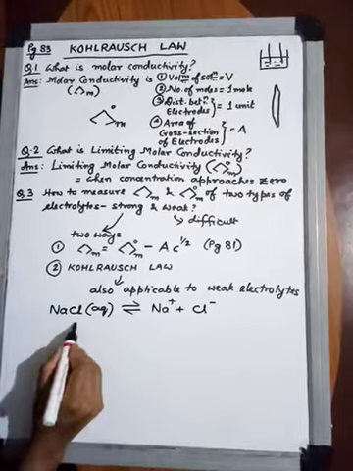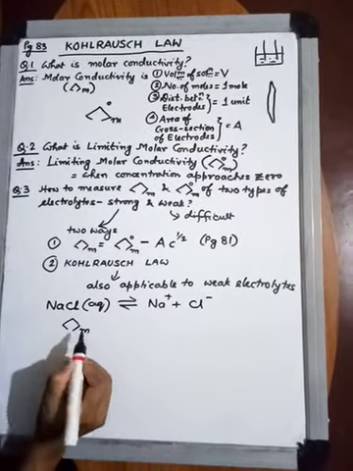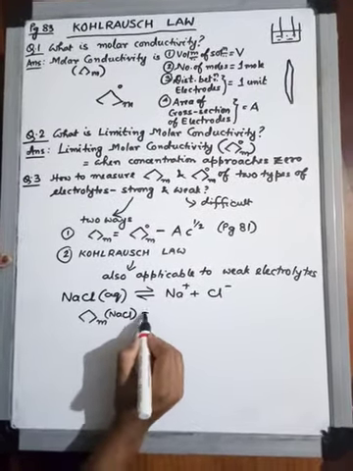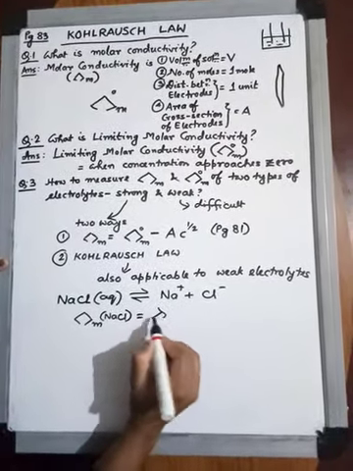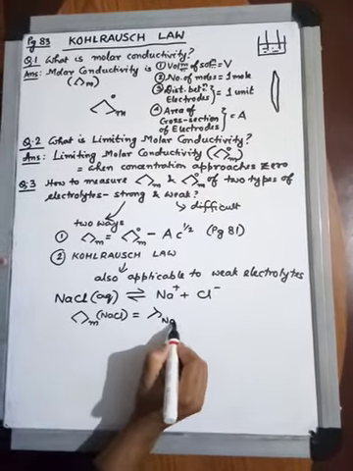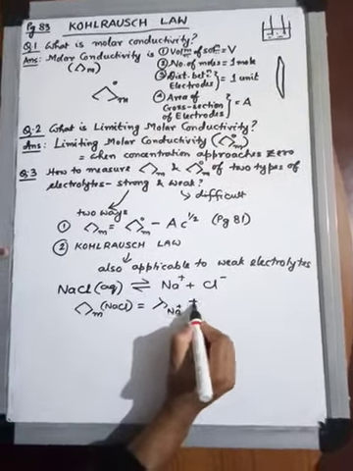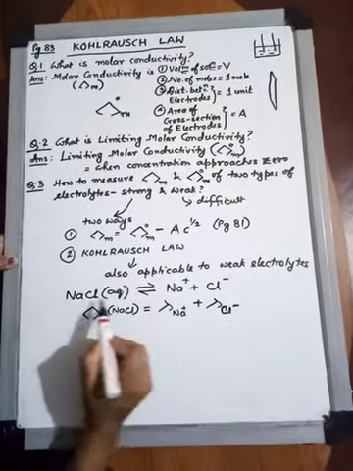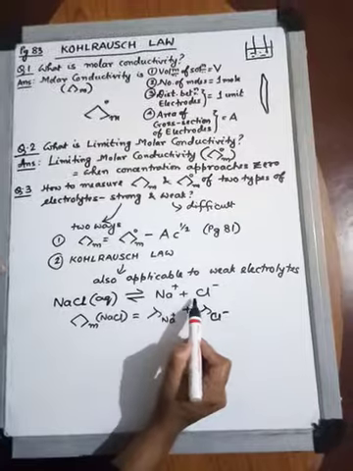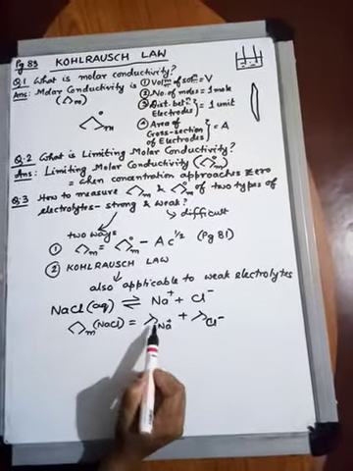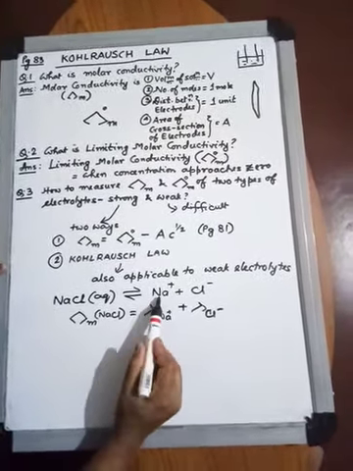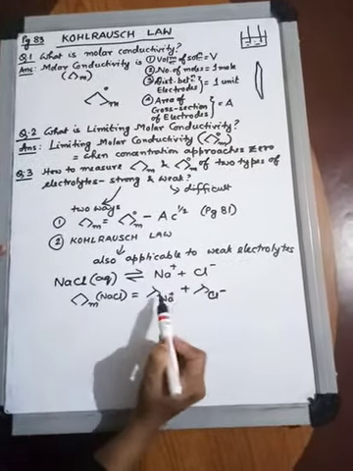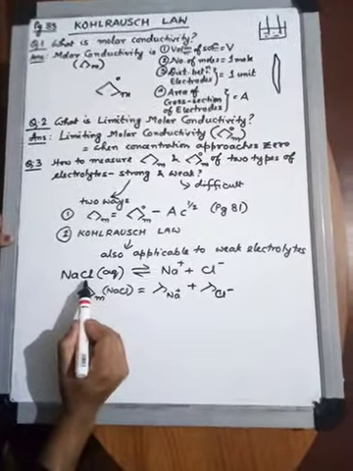So if we are to measure the molar conductivity of this NaCl, then Kohlrausch has said that it will be the sum of the contributions of Na plus and Cl minus, because from NaCl we get 1 Na plus and 1 Cl minus. So separately if we measure the molar conductivity of Na plus, and separately the molar conductivity of Cl minus, and we add these two, we get it for the entire solution.